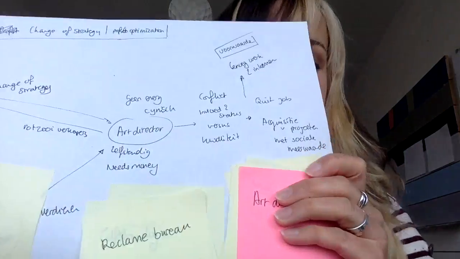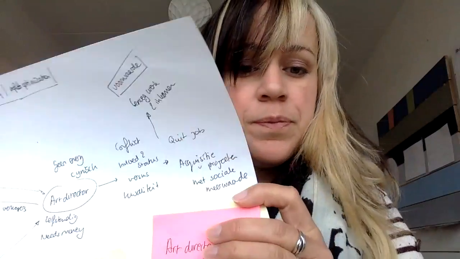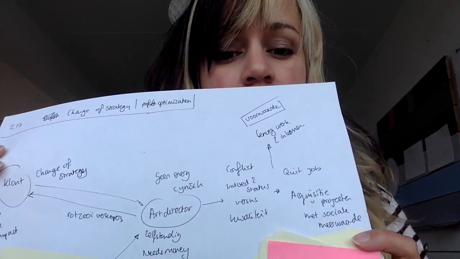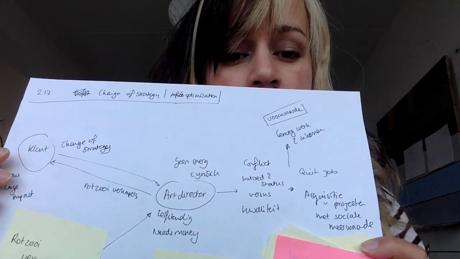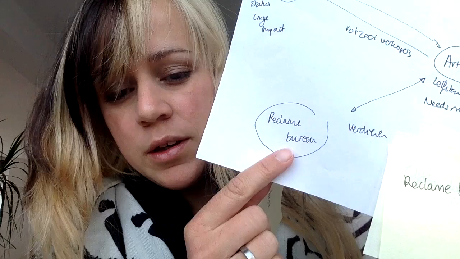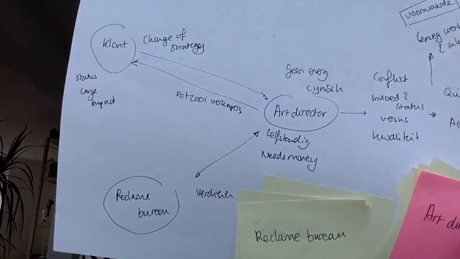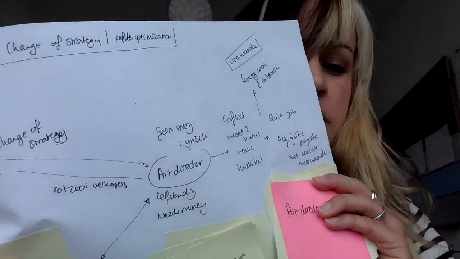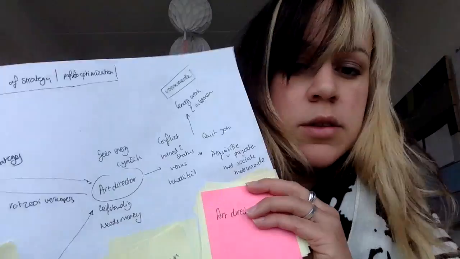The next thing I did was to cluster facts, and I did it in a way that I also could understand the relation of the art director and the client, agency, and I gathered all these facts and the relations between the facts on this sheet.